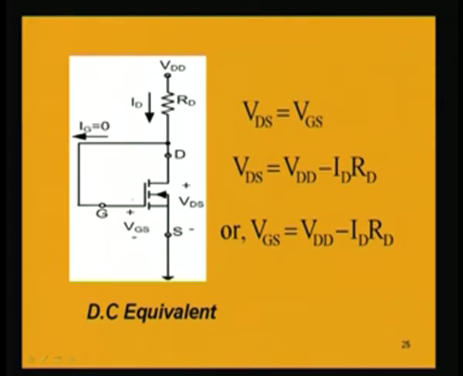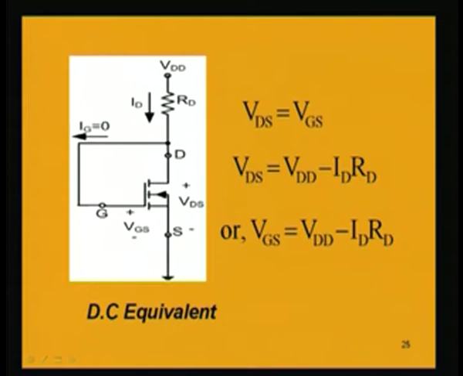So, if we now draw the DC equivalent circuit, forgetting about the AC input, we are having this circuit which is having the resistance RD at the drain and gate being short circuited. This circuit is bereft of the capacitors, since the capacitor is making it open circuit for DC.